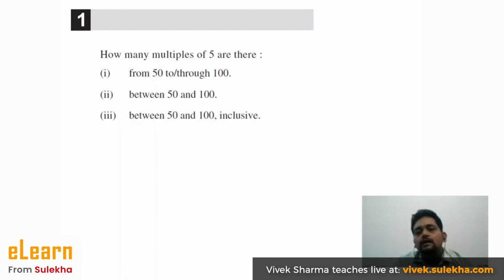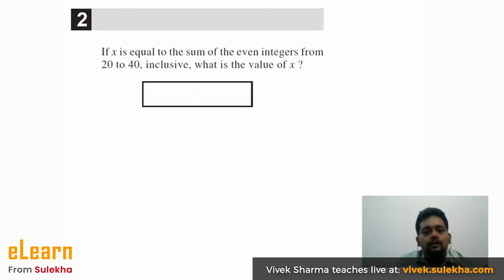In the third part, between 50 and 100 inclusive, that is including 50 and 100 again. So from to, or between comma inclusive, is the same thing, and you have to include the extreme values. But whenever it is only between, you have to exclude those extreme values. I hope this part is clear to all of you.